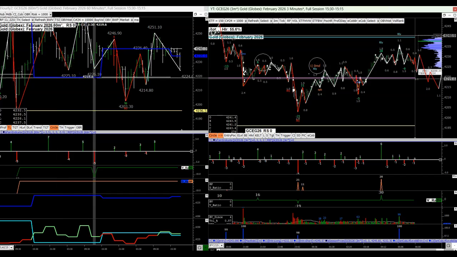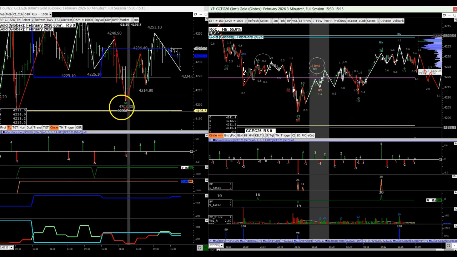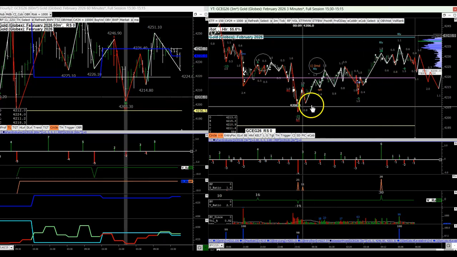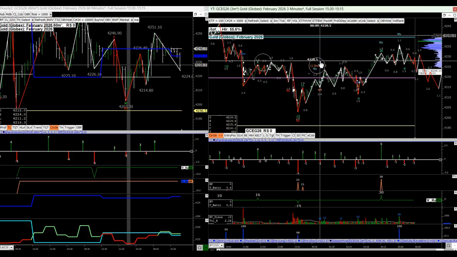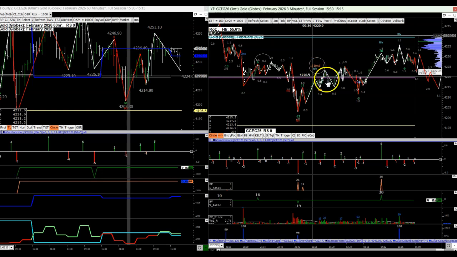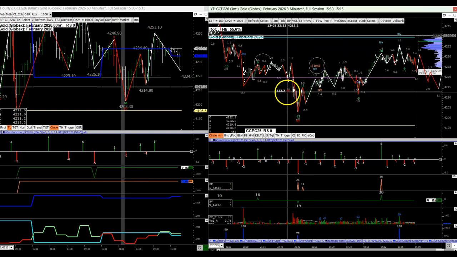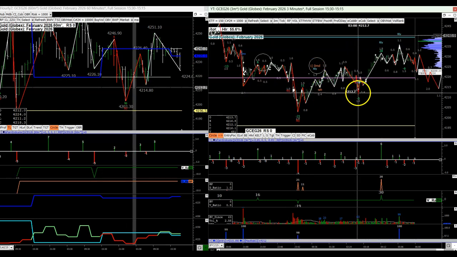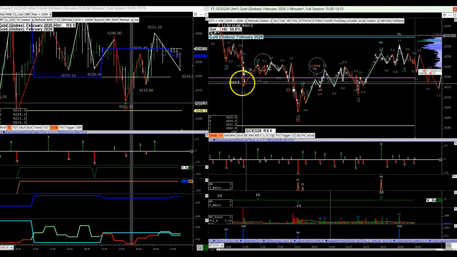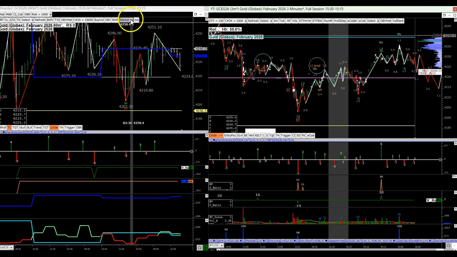It broke 42.26, went down to 42.03, and 42.03 was bought. How do you know? There's demand. What happens? It pulls back, giving the entry up here, and then rallies. You got your trade. Let's move on to the next.